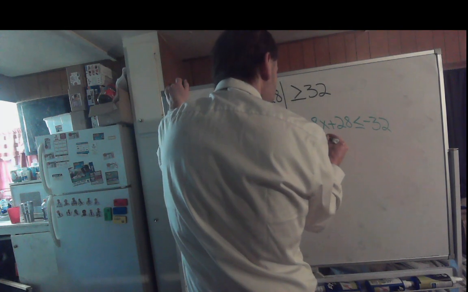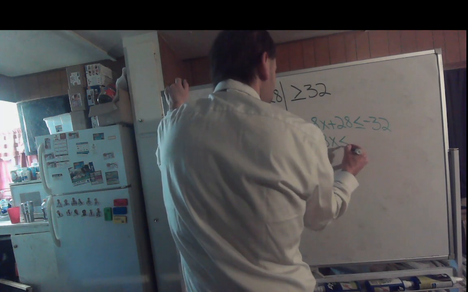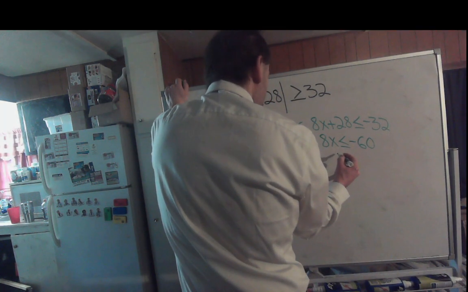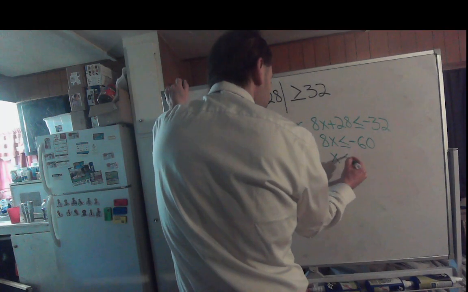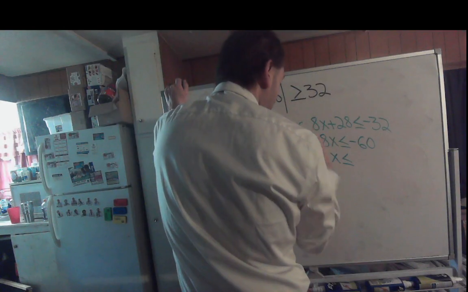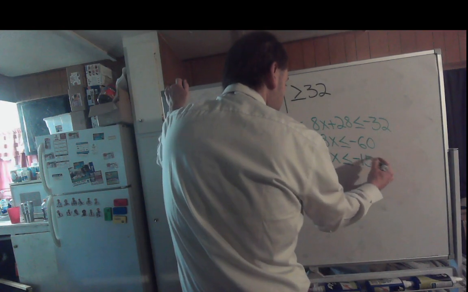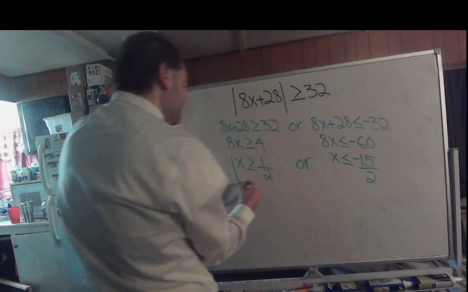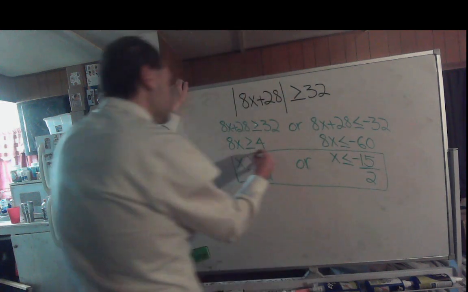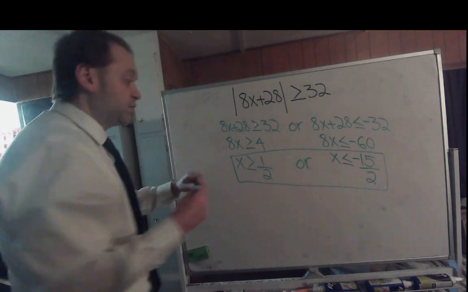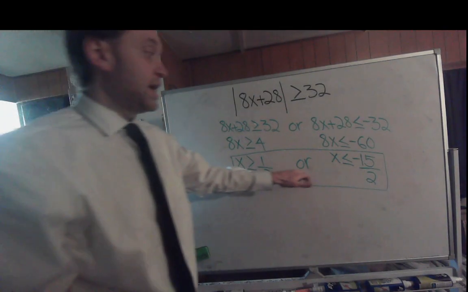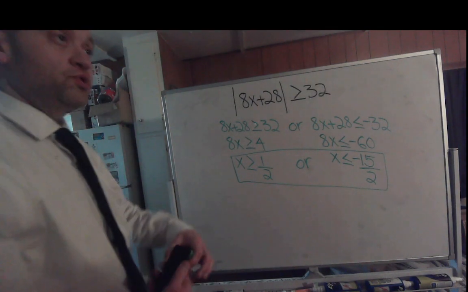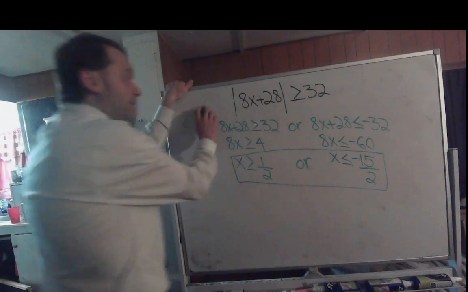Well, you would end up getting that 8x is less than or equal to negative 60, which would end up giving you that x is less than or equal to negative 15 halves. So this is your solution to this inequality. You have that x is greater than or equal to 1/2, or x is less than or equal to negative 15 halves. Those are both your solutions to this inequality.